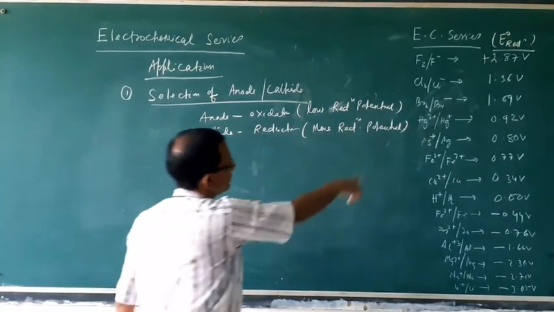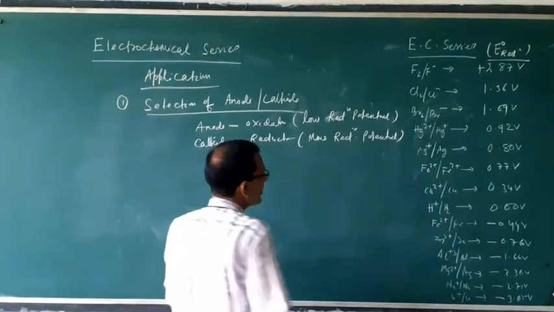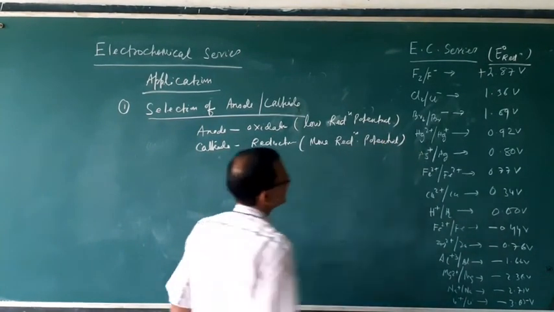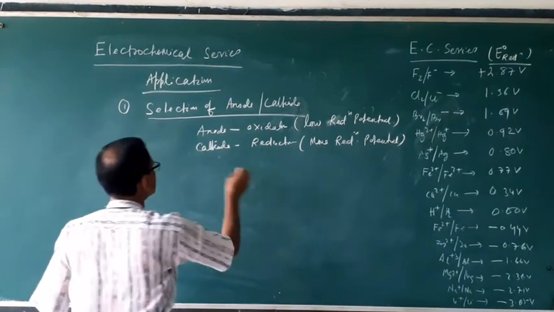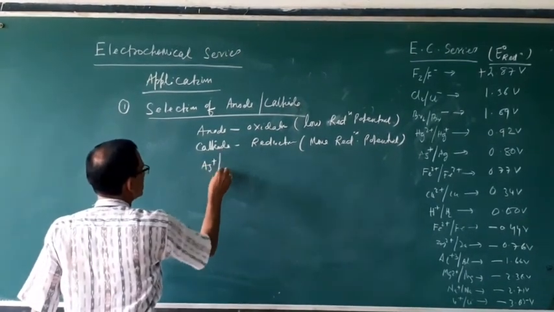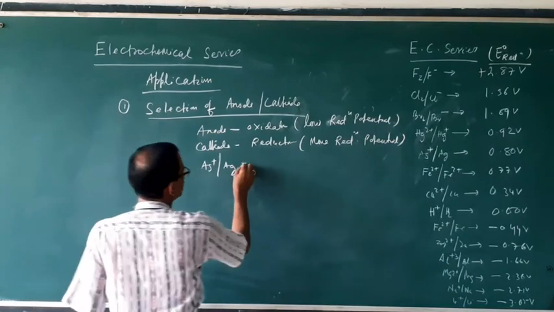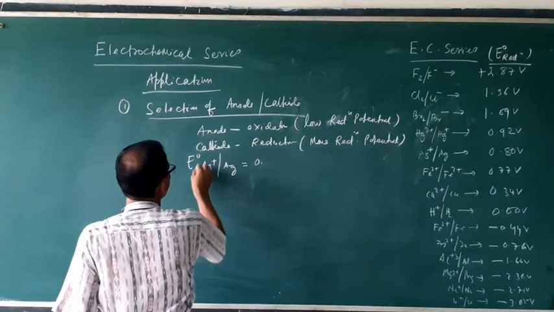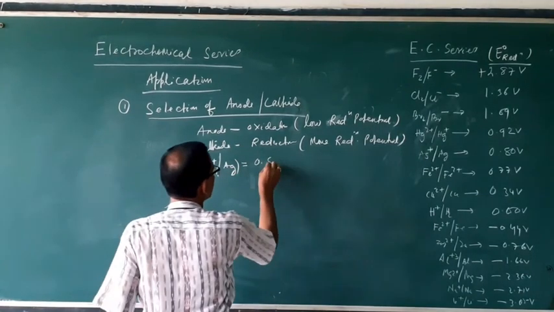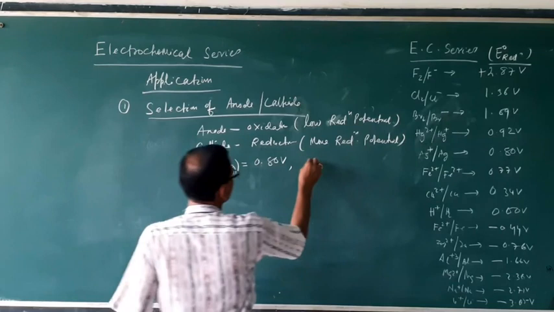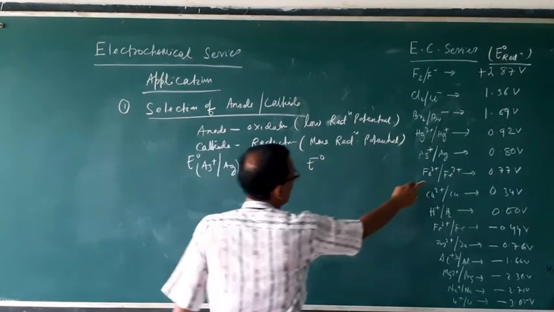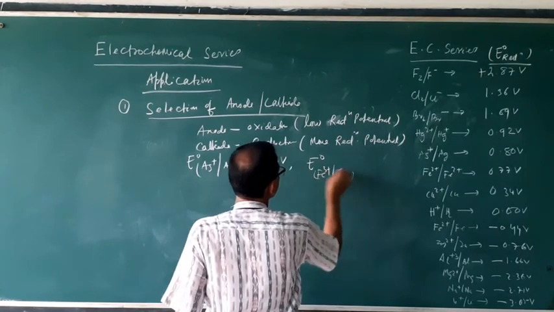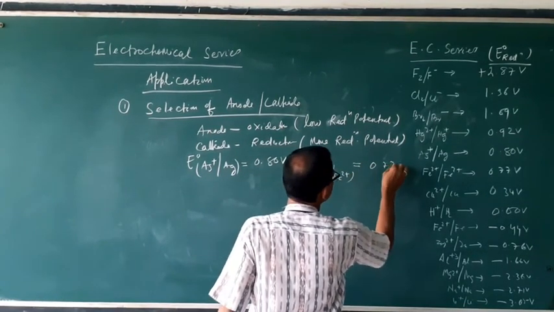For example, you take a silver electrode and iron. The E naught value of this silver electrode is 0.80 volt and the E naught value of iron, Fe3 plus to Fe2 plus, is given as 0.77 volt.